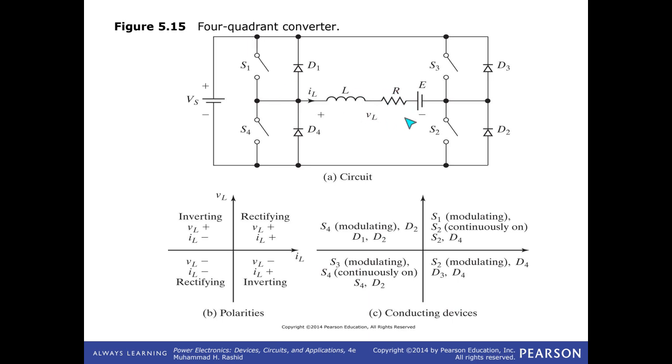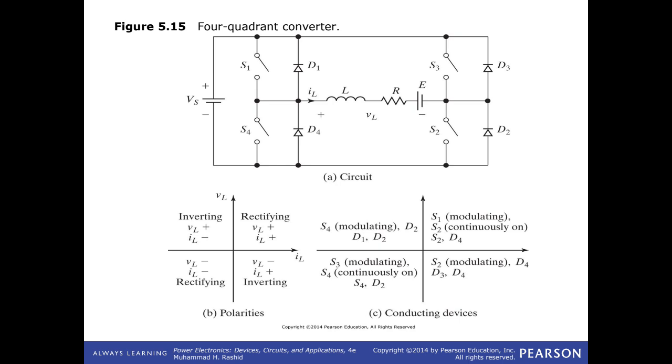If it is an electric motor, this is a model of an electric motor, you can see that. Then this electric motor is rotating in positive direction, motoring. I just explain it from the point of view of electric motors.